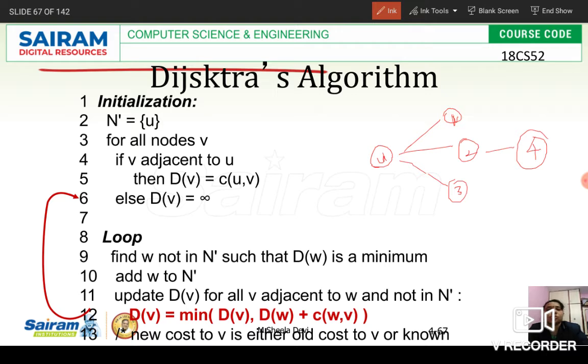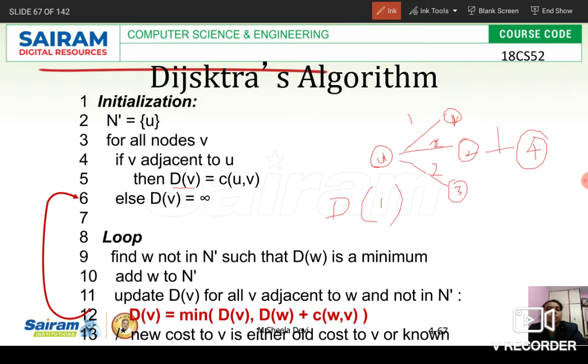They are adjacent to u. The cost is 1, here 2, it is also 2, and the cost from 2 to 4 is 1. So what is D(v) here? D(v) is for the destination nodes. What are the nodes in v? 1, 2, 3 and 4. These are the other nodes which we call v. The source node is u. What is D(1) here?